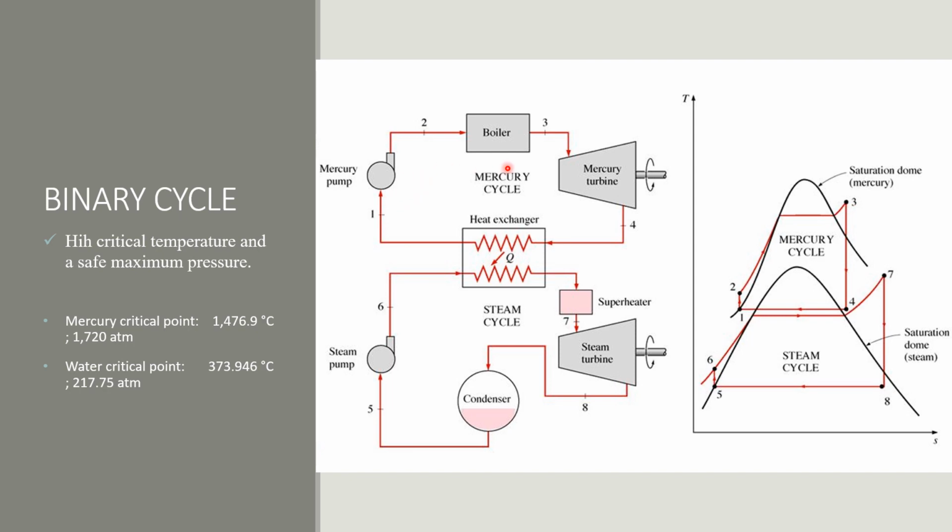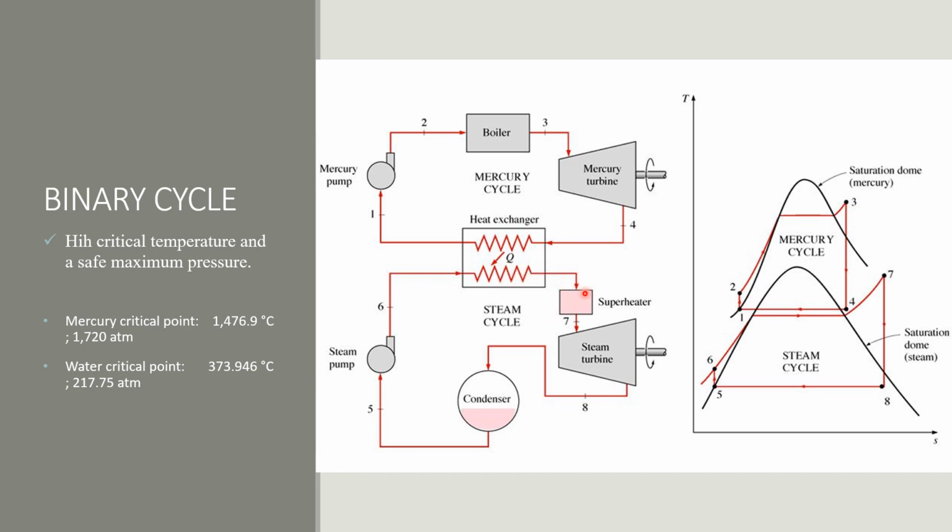After the turbine process in the mercury cycle, we use the heat released by the mercury as a heat exchanger, and we preheat the water coming from the condenser or pump part of the water-steam cycle.